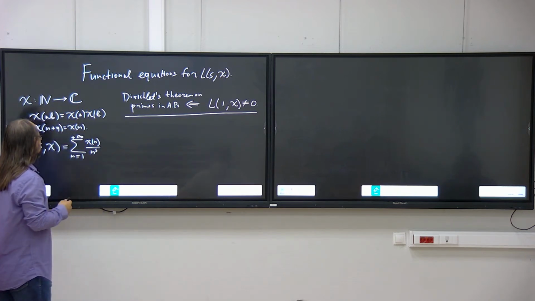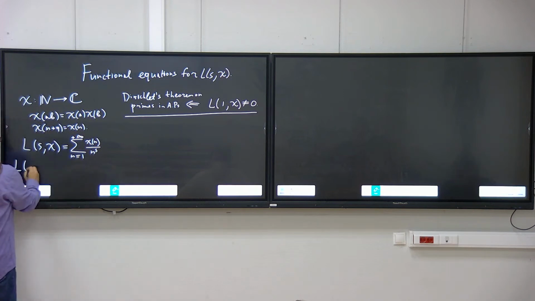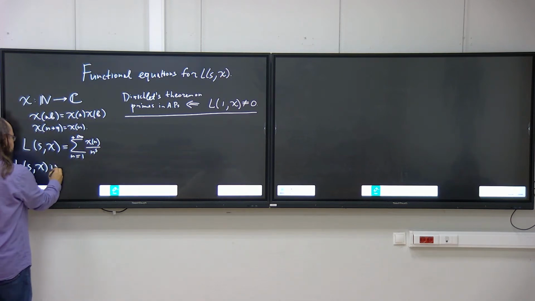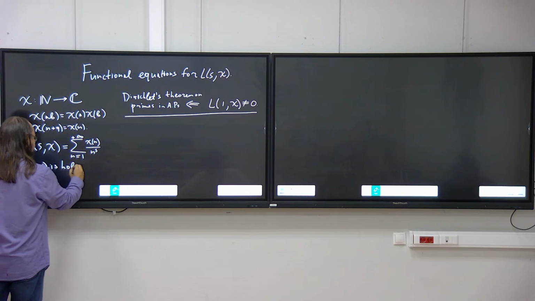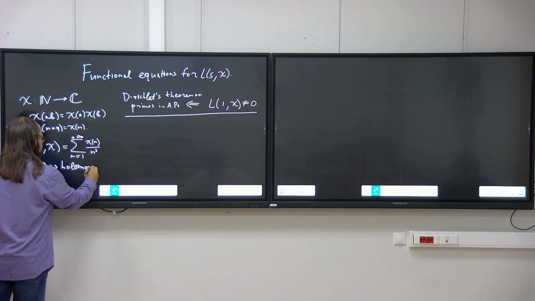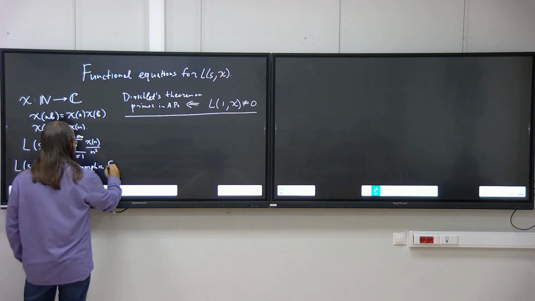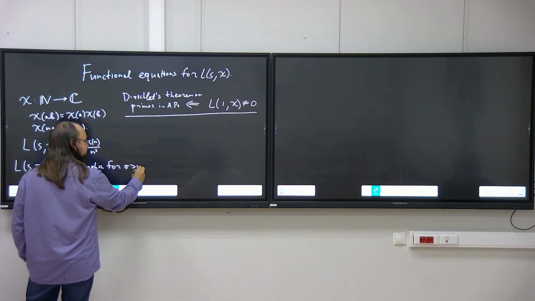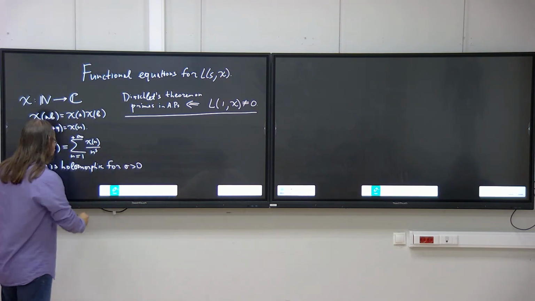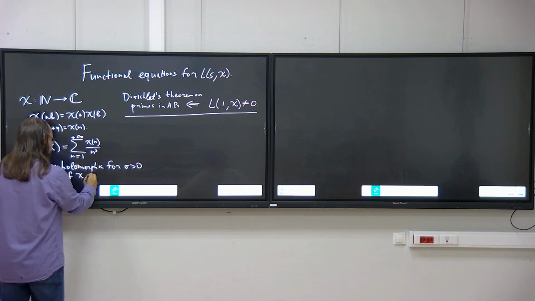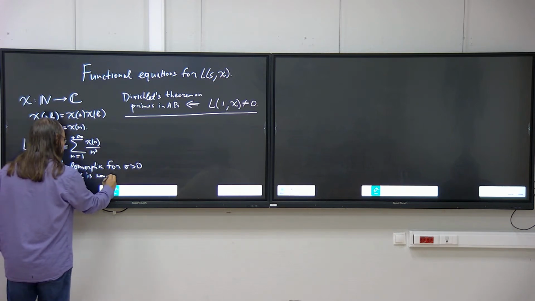What do we know about L(s, chi)? We know that L(s, chi) is holomorphic for sigma greater than 0, if chi is non-principal.